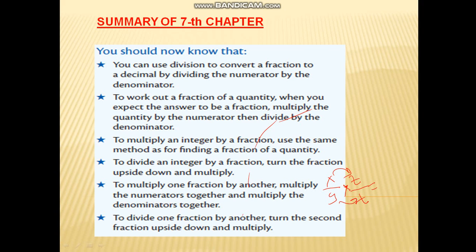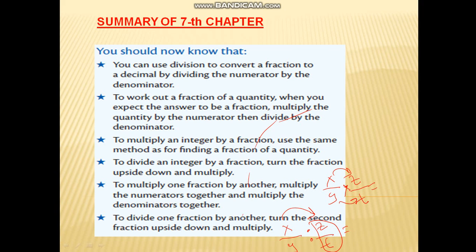And to divide one fraction by another fraction, turn the second fraction upside down and multiply. For the same fractions, x over y divided by z over t, the second value, z over t, changes: the denominator goes up and the numerator goes down.